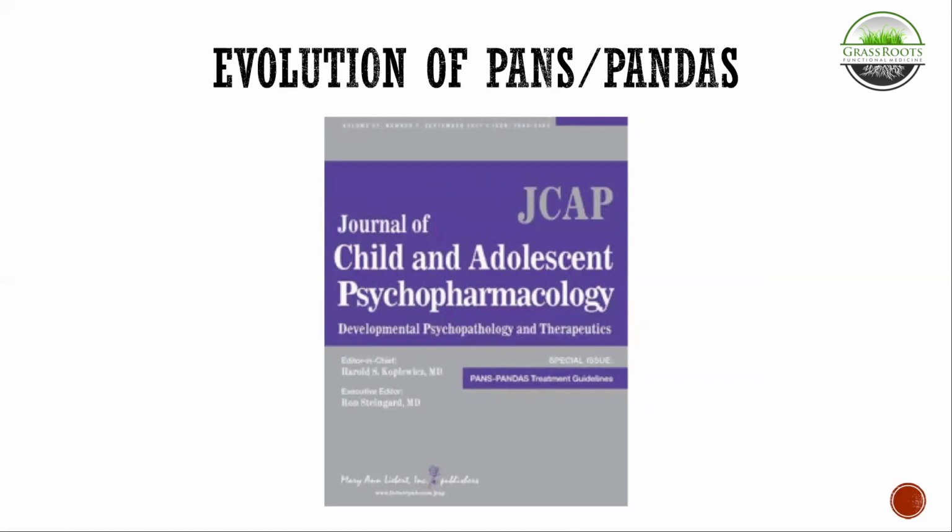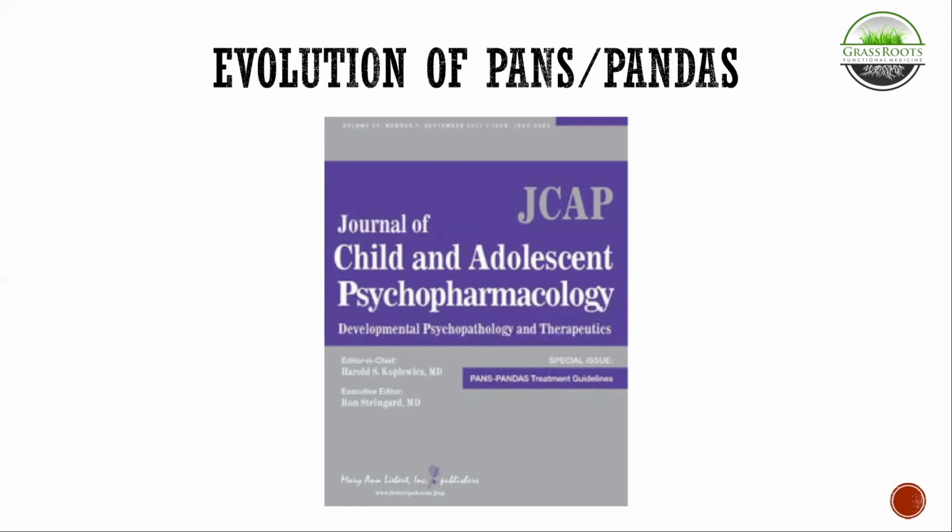So where we first started seeing evidence of this was in the 1990s. The National Institute of Mental Health Research Unit was doing some research on Sydenham's chorea and OCD, Dr. Swedo, Leonard, and Rapoport, and they started noticing that these children were suffering from something different than these specific conditions.